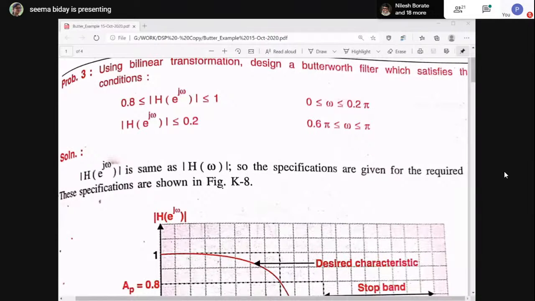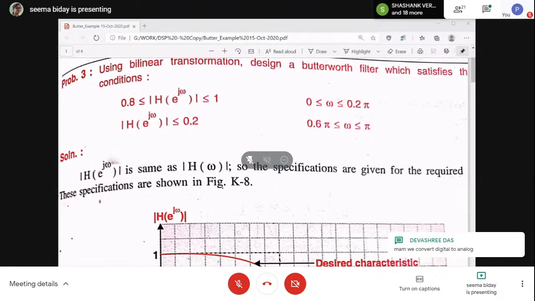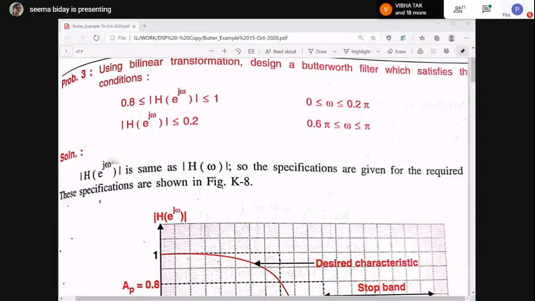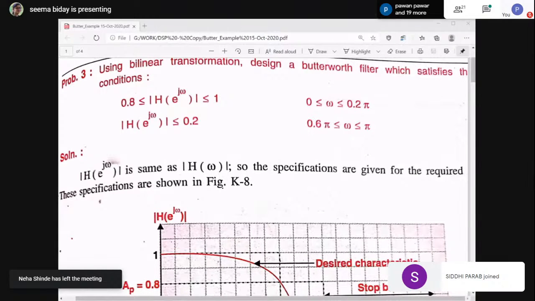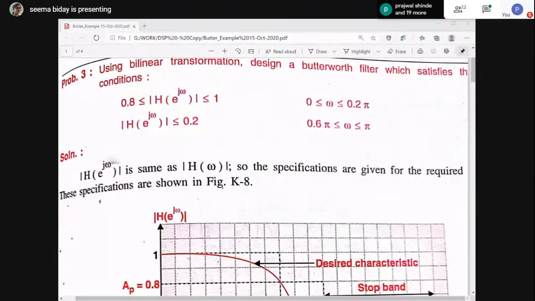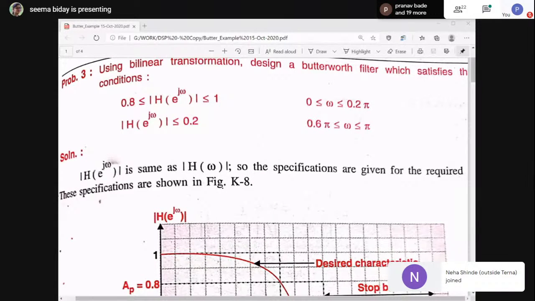Pranav: We can convert digital to analog. Okay. What I asked, specifications are of which filter? Devashri, I asked you, the specifications are of which filter? These are of analog filter or digital filter.